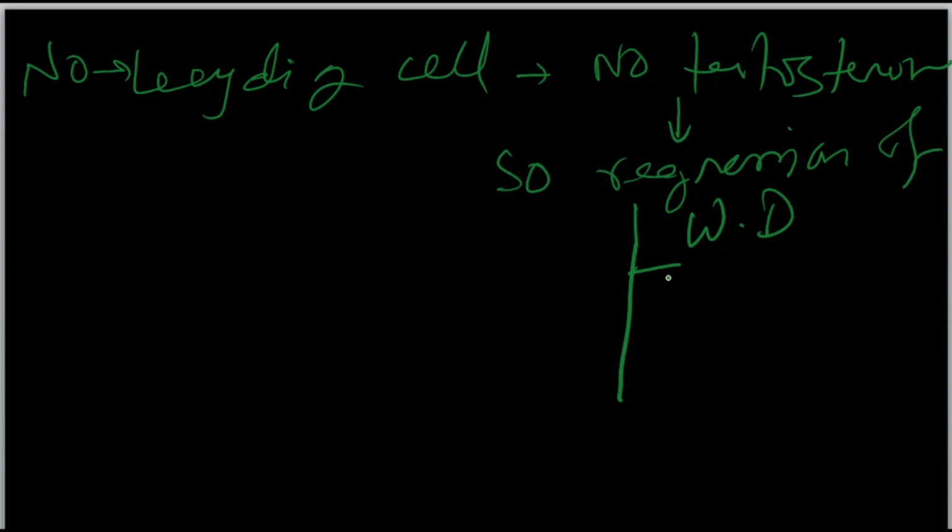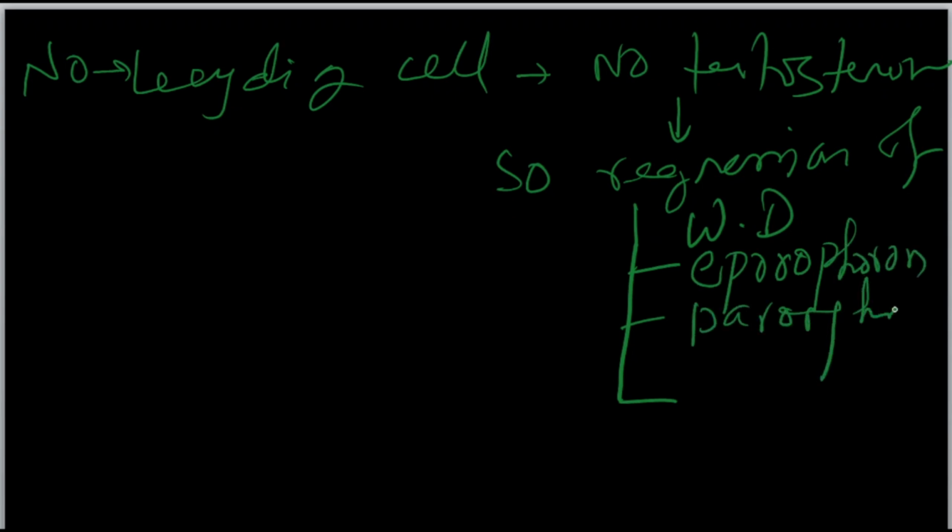This regressed Wolffian duct gives rise to the hypoophoron, paroophoron, and the cranial part of Gartner's duct.